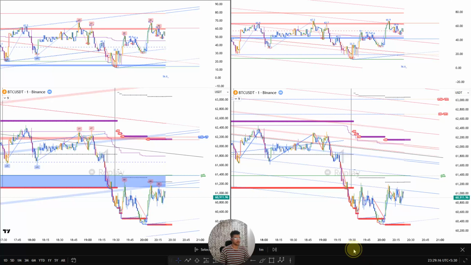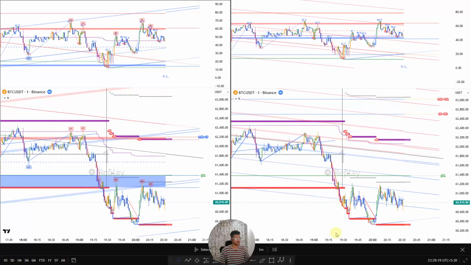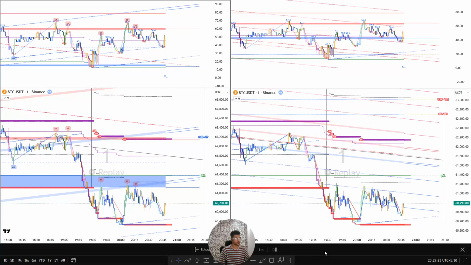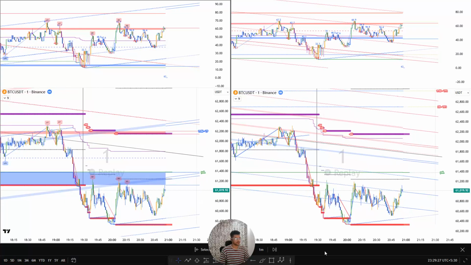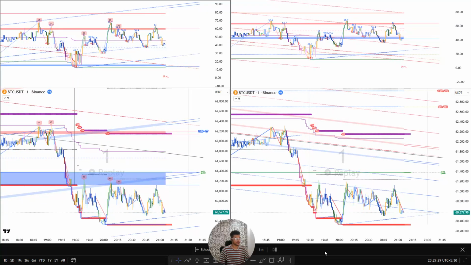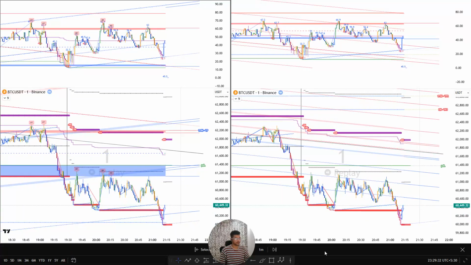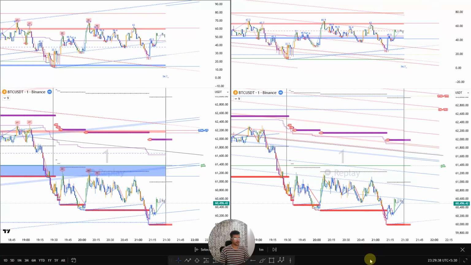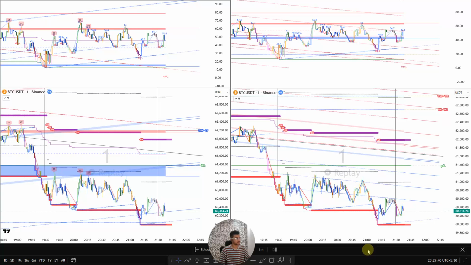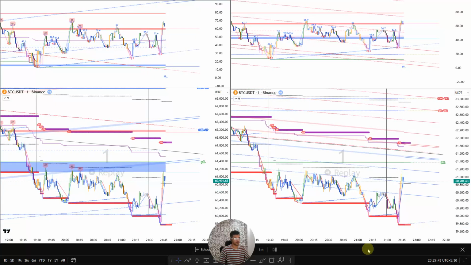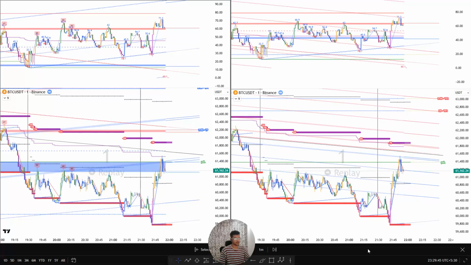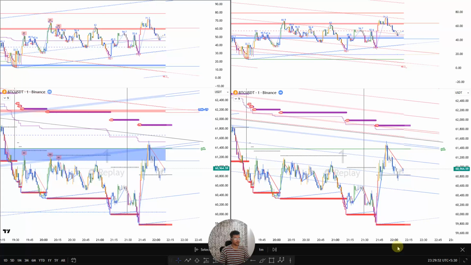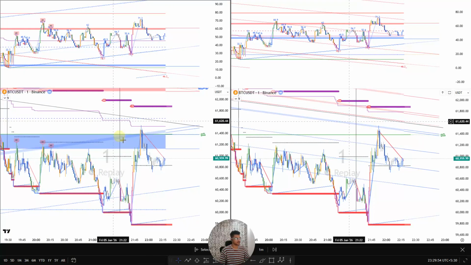divergence. A lot of breaking down action there. Support, big divergence. Previous day low.